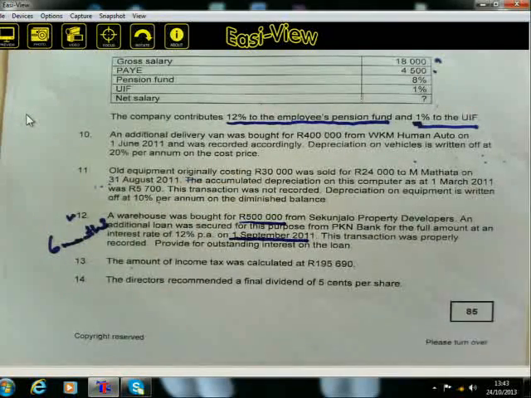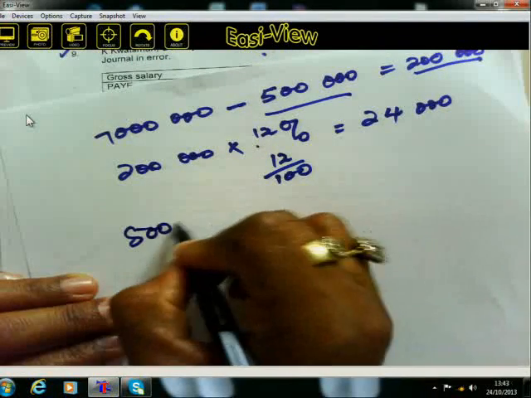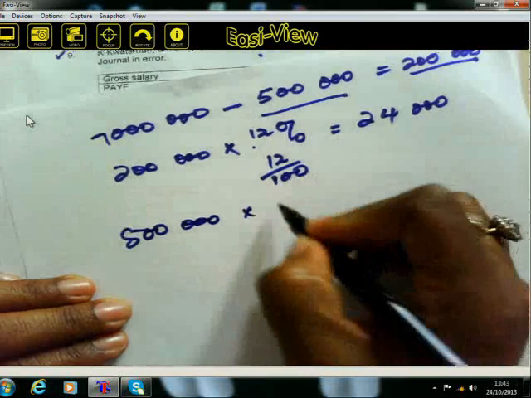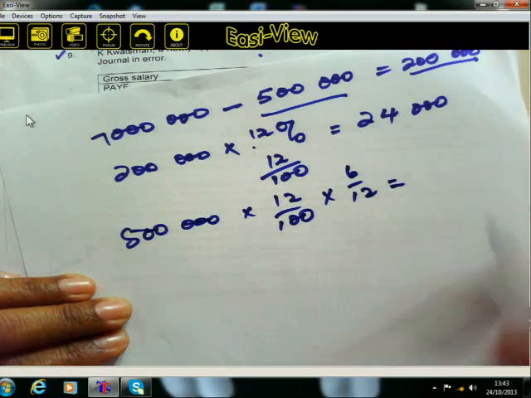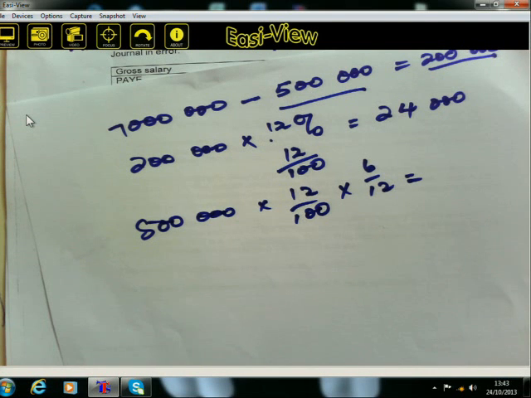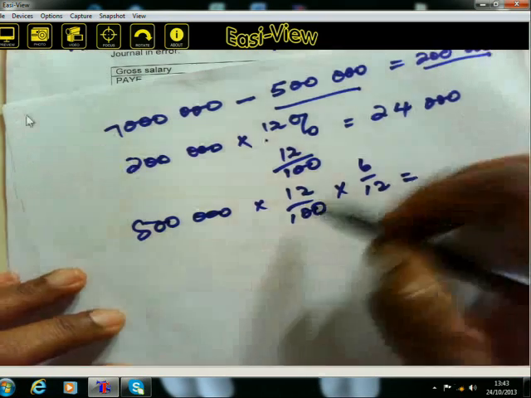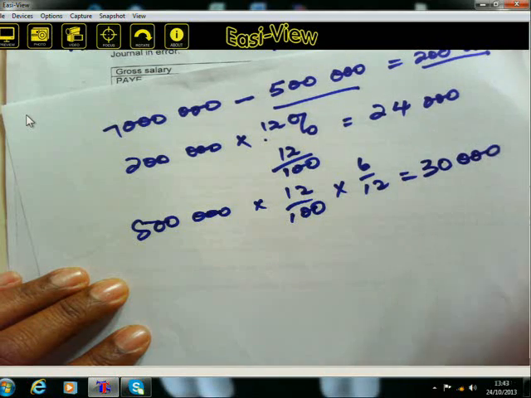in the business. Now that we know it stayed for 6 months, we can say 500,000 times 12%. So for the 6 months it stayed in the period, it will be 30,000.